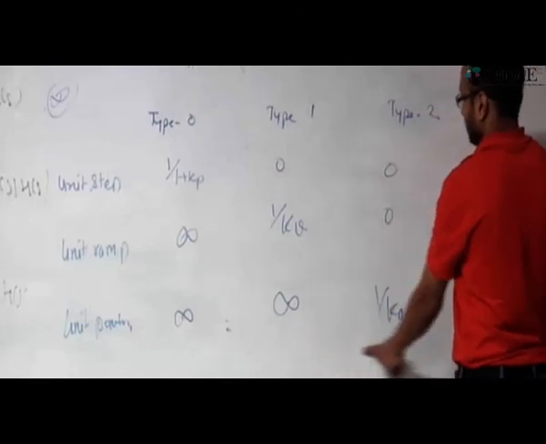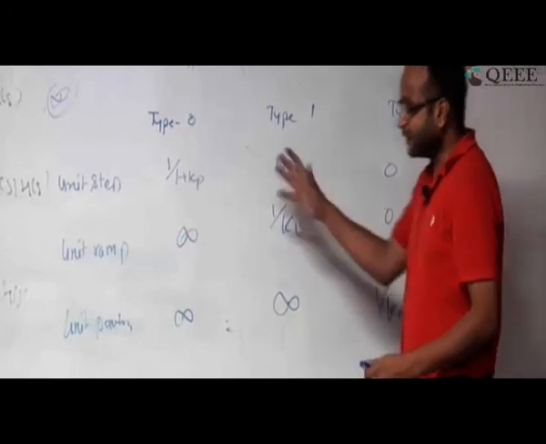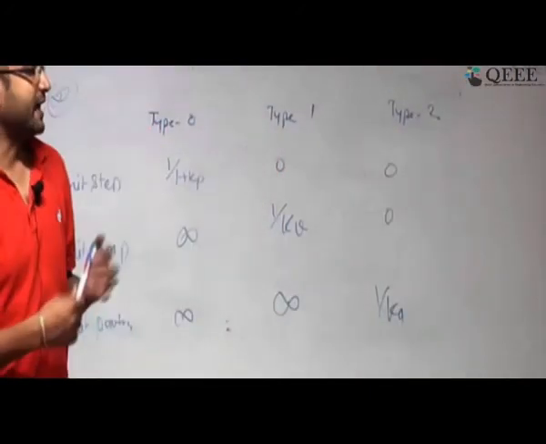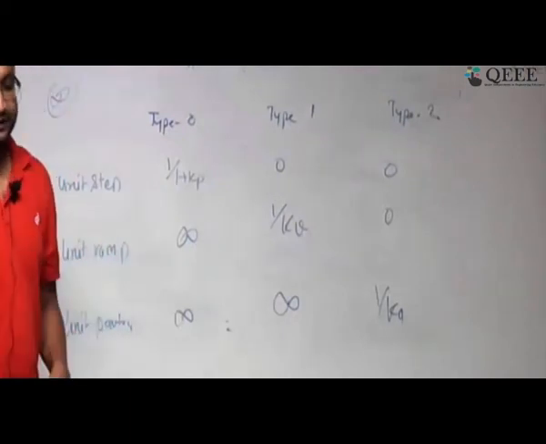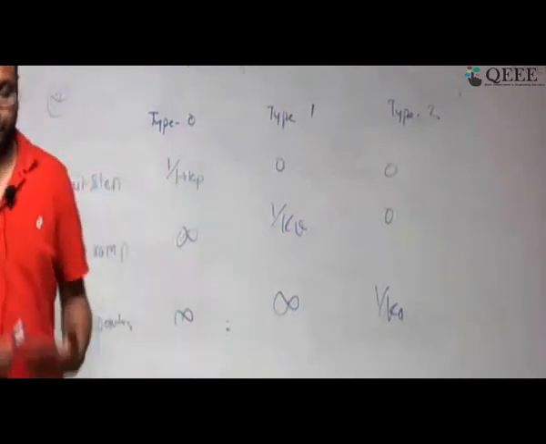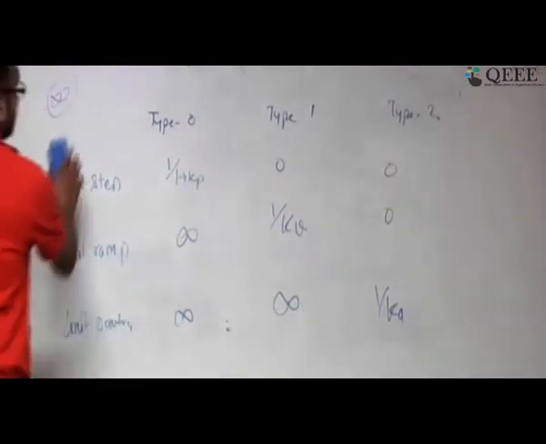Type 2 system, 1 by Ka, it has come down. So, one conclusion we want to make here, if you increase the type of the system, the error will come down. Okay, this is the important message you should keep in your mind.